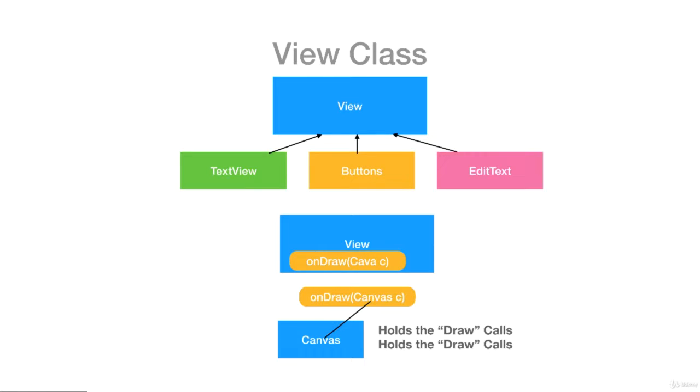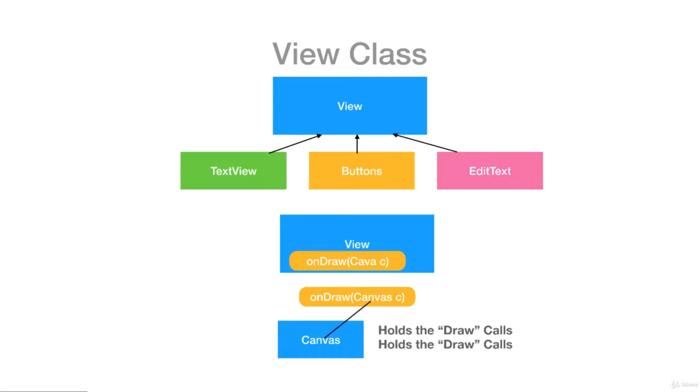In order for the Android system to be able to draw on screen, it obviously needs the onDraw method. So every view has this onDraw method, which essentially allows us to draw graphics or components onto the screen. That means if we want to create, for instance, a custom view, we could create a class that would extend View, which means that class would inherit the properties of the view.